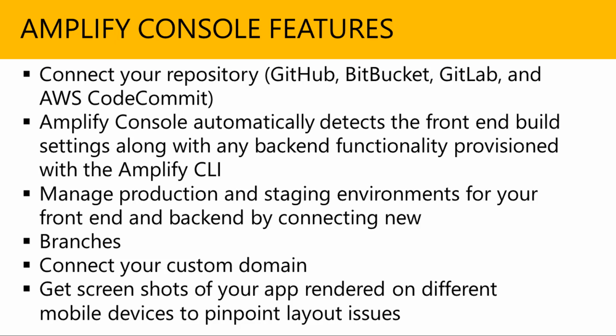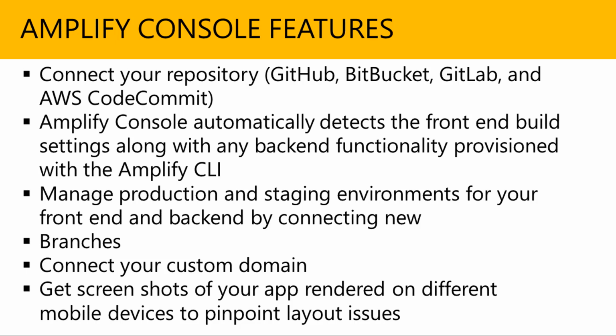And then you can branch those subdomains. Finally, one of the features of AWS Amplify Console is that you can get screenshots of your app rendered on different mobile devices to pinpoint layout and UI issues. You can set up rewrites and redirects to maintain the SEO ranking. So this is all briefly about AWS Amplify Console.